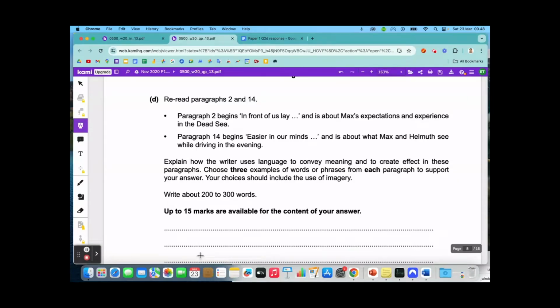So today I want to walk you through how to approach question 2D on the English Language Paper 1. As you can see, it asks you to reread 2 paragraphs. It'll always be 2. In this case, it's paragraphs 2 and 14.